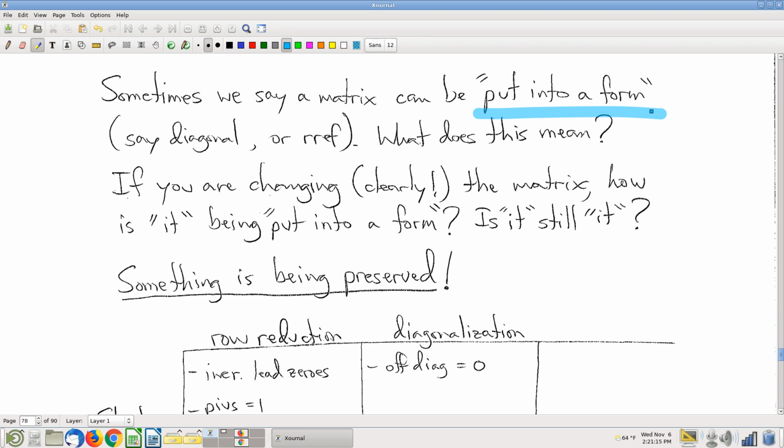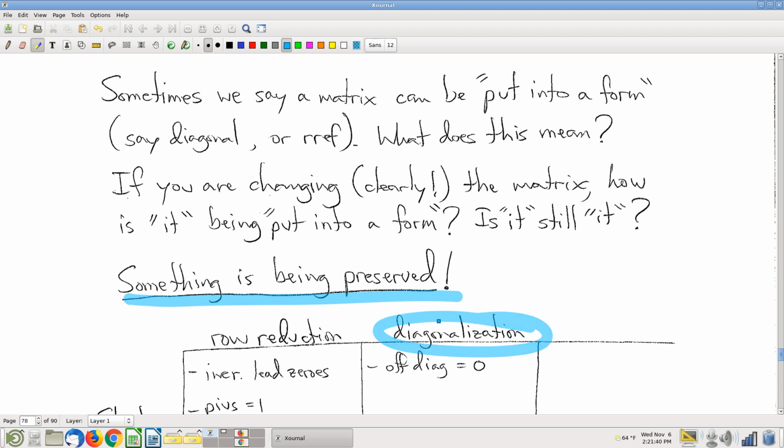So, when we say we're putting a matrix into a form, but we're changing it, what gives? And the idea is that something's being preserved. Sure, I'm putting a matrix into reduced row echelon form, but in that process, there is something that's not changing at all. And likewise, when I talk about putting a matrix into diagonal form, there's something that's being preserved, something that's not changing.